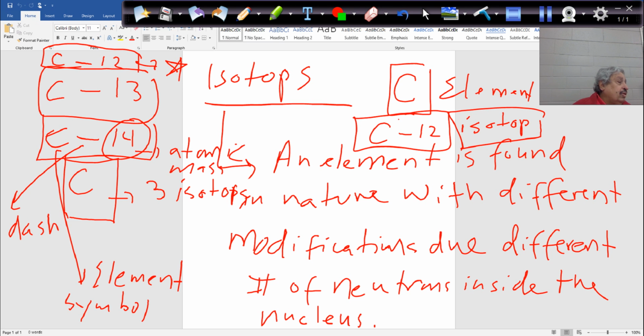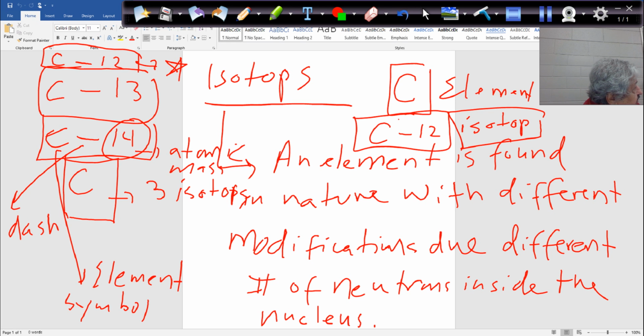Okay, guys, so we have to differentiate. Up to potassium, atomic number 19, those elements can be found in nature naturally having isotopes.